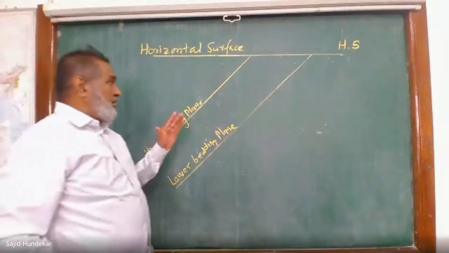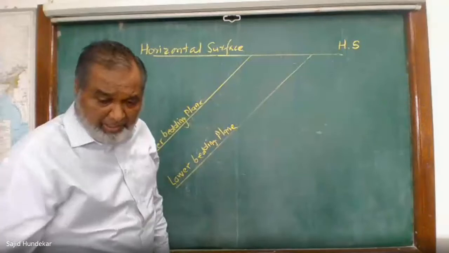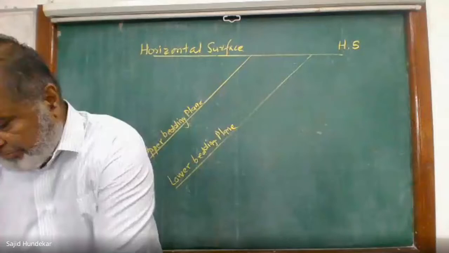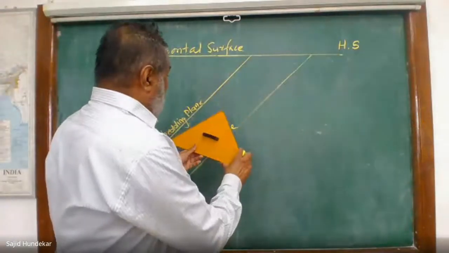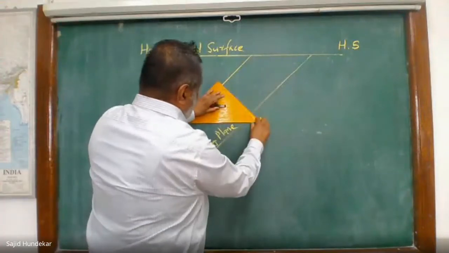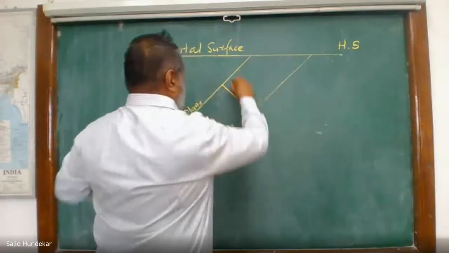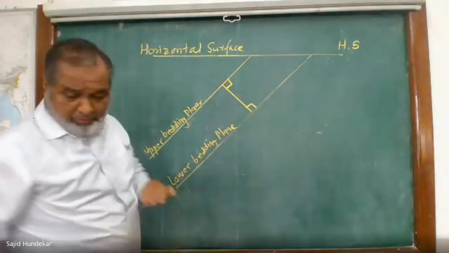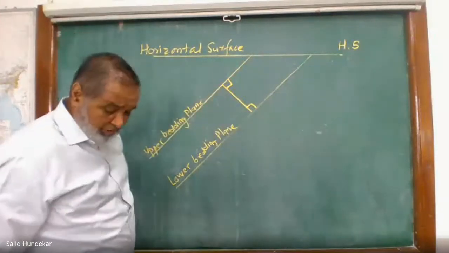So what is a bed? Whatever the distance, if you measure the distance perpendicular to the straight line, we have to take the shortest distance. To take the shortest distance, what are we going to do now? The longest axis, keep this one parallel to this one, and this is the perpendicular. This line is perpendicular to the top bedding plane and the bottom bedding plane.